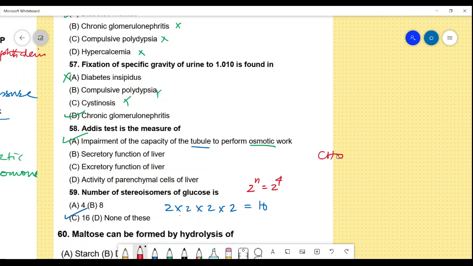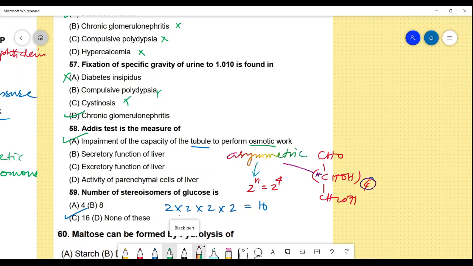So in carbohydrate you have these 4 carbons, CHOH, between the CH2OH ends, which are asymmetric in nature. Because of their asymmetry, this formula has to be applied, 2 to the power n. Here you have 4, so you substitute it and get 16.